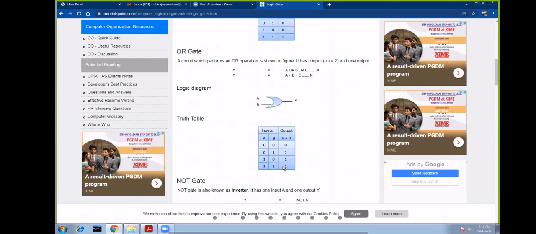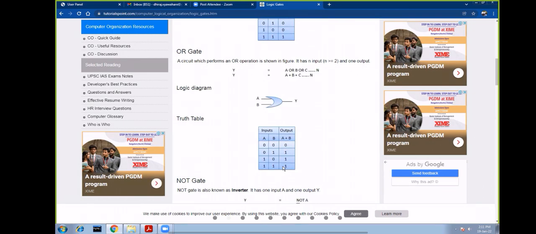Suppose you have to make the mark list, and in that mark list, the condition is that a student has to clear 5 subjects with some marks.